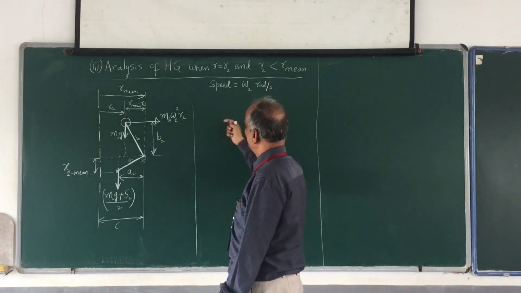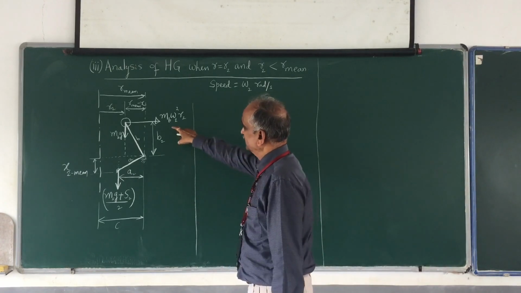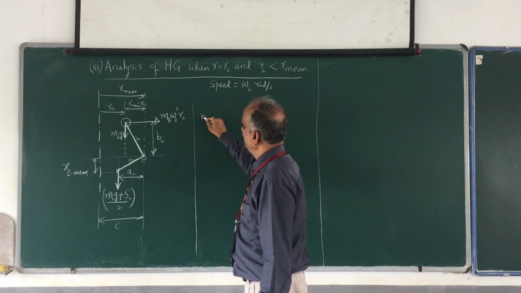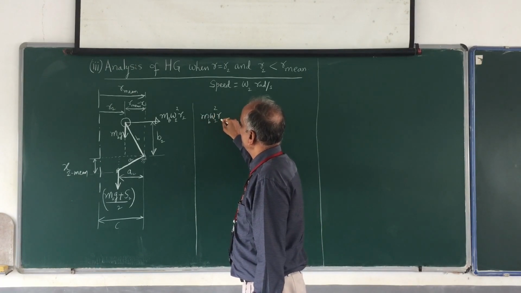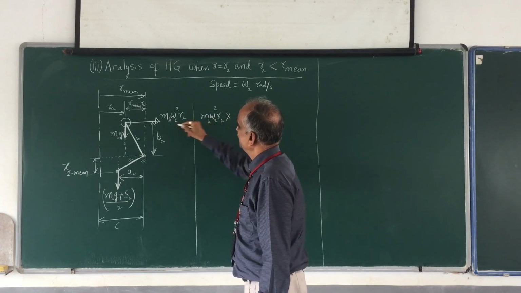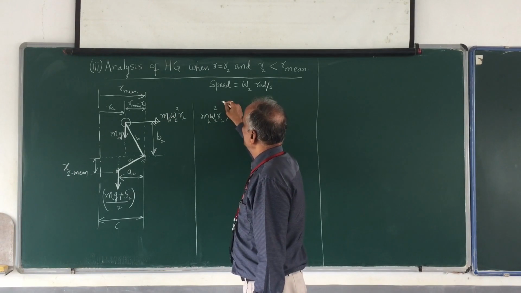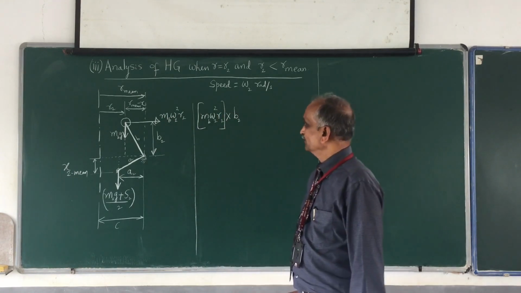So on the left hand side I shall write down the moment which is only one, that is the clockwise moment. That is mb into omega 2 squared multiplied by r2, this multiplied by the perpendicular distance b2. So this is a force multiplied by the distance.